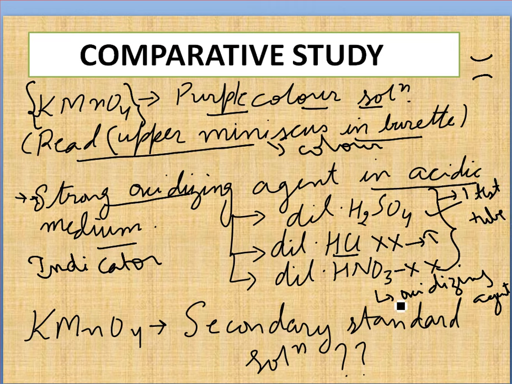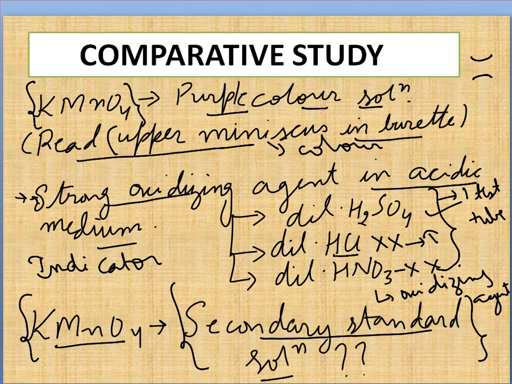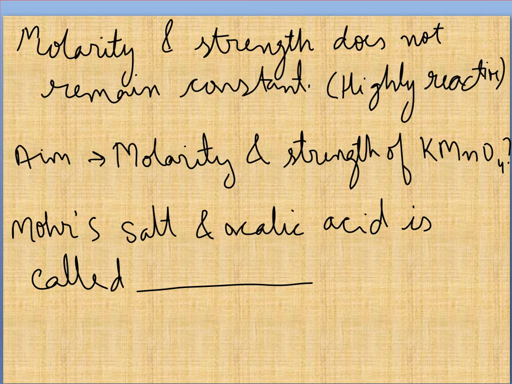Clear? KMnO4, most important point, it is also known as secondary standard solution. Why? This you have to remember. Because its molarity, its concentration and strength do not remain constant.